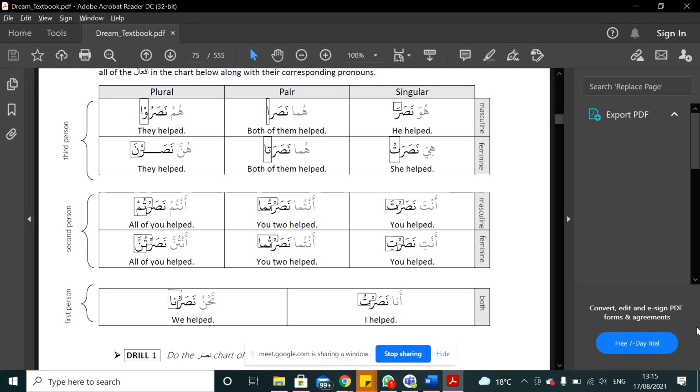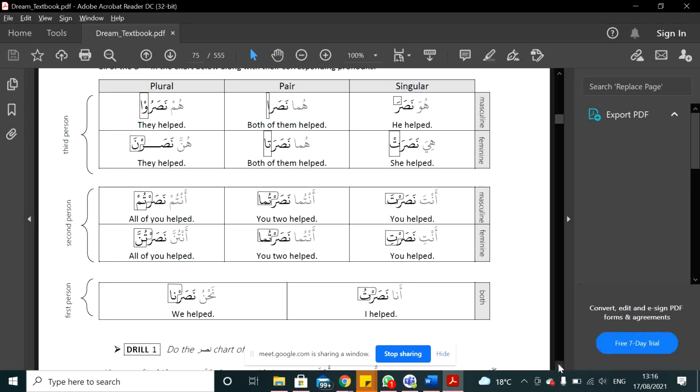Antuma nasartuma. Antum nasartum. Anti nasarti. Antuma nasartuma. Antunna nasartunna. Ana nasartu. Nahnu nasarna.